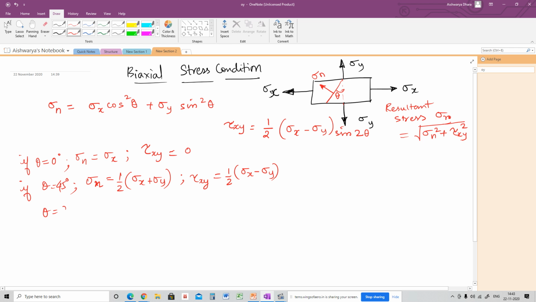Now when theta is 90 degree, sigma n will be sigma y, and tau xy is 0.